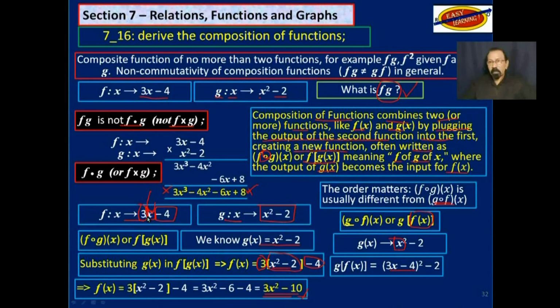So we are taking the f of x and making that the input of g of x. And we simplify that and we get this answer over here, which is different from this one, which is different from that one. I'm just trying to make the point what we mean by composition of functions, and that f of g is not the same as g of f.